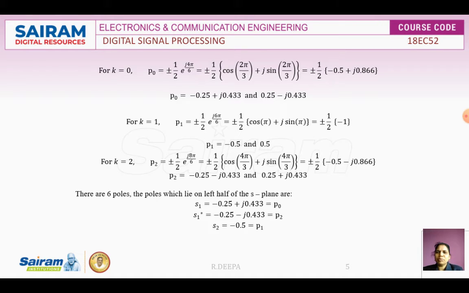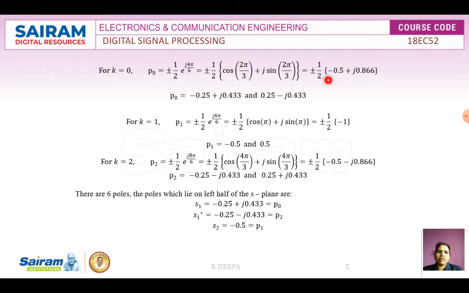So let us substitute k is equal to 0 here and calculate p naught. We are getting p naught is equal to plus or minus 1 by 2 e power of j 4 pi by 6. Let us simplify this. e power of j theta is nothing but cos theta plus j sin theta, and theta is 2 pi by 3.